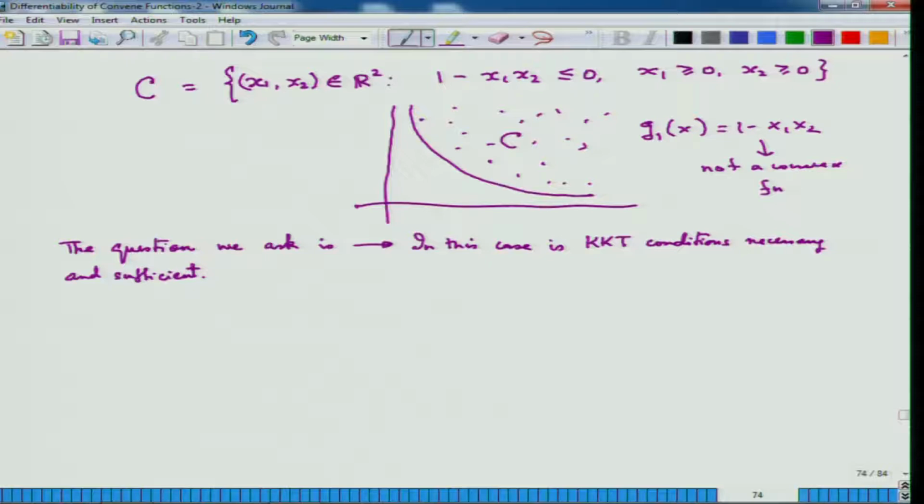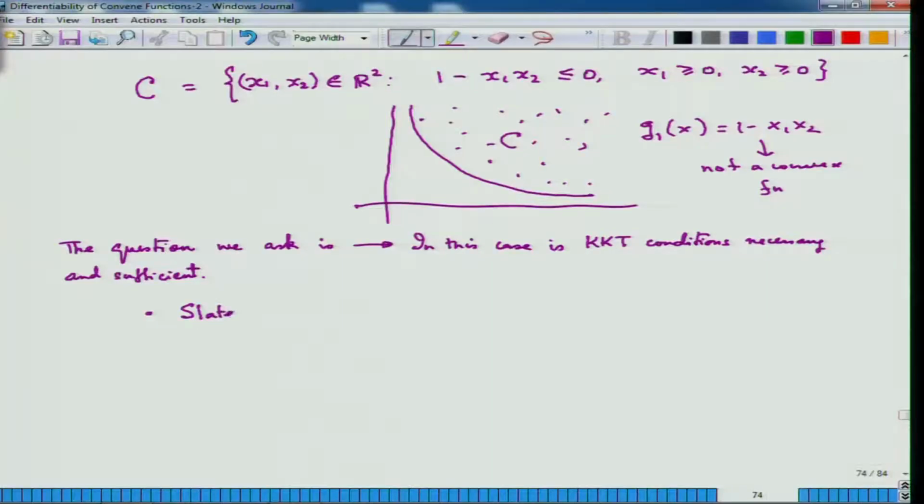So, if that is the question, what constraint qualifications are needed for this to take place? Is Slater condition enough? The answer is no, the Slater condition is not enough. So, apart from the Slater condition, we will need two conditions for this to happen.